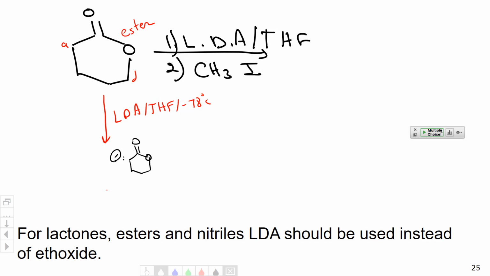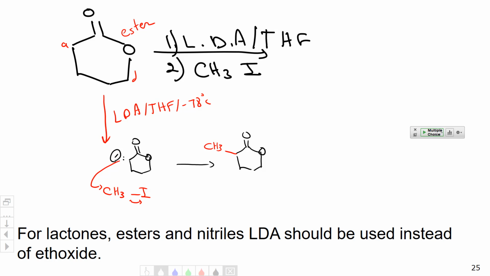The next step, adding iodomethane, not tertiary, not phenyl, not vinyl, exactly the same rules, will result in the alkylation of the alpha carbon of the ester. In other words, whatever applies to a ketone applies to a cyclic ester or an open ester. But clearly I need to use the LDA because it is a stronger base than the ethoxide.